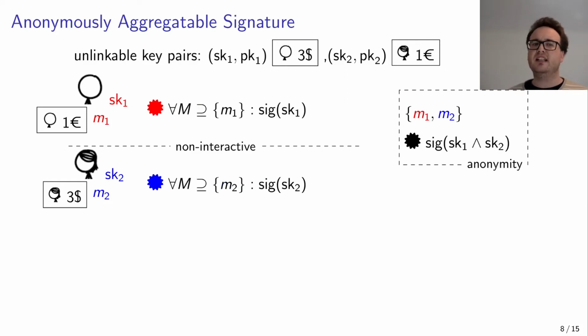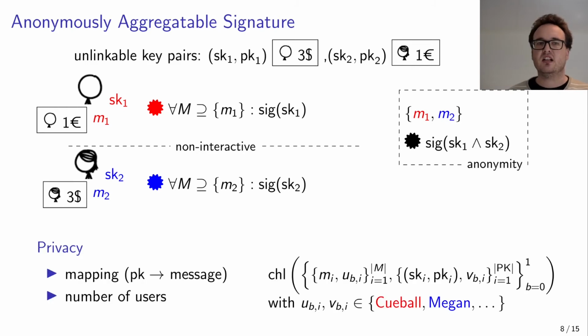What they need is a signature which says that for any set of messages which is a superset of my message, I'm willing to spend my input. And then if we concatenate them together, we achieve the goal. So the privacy of that is that the mapping between who signed something and which output message they wanted is hidden, and also the total number of users is hidden.